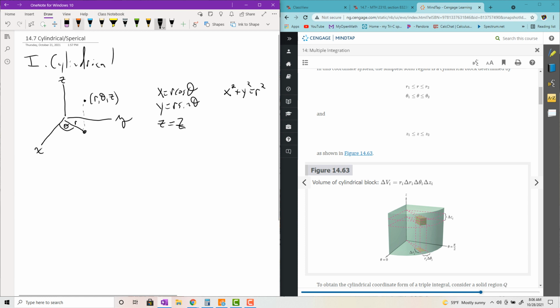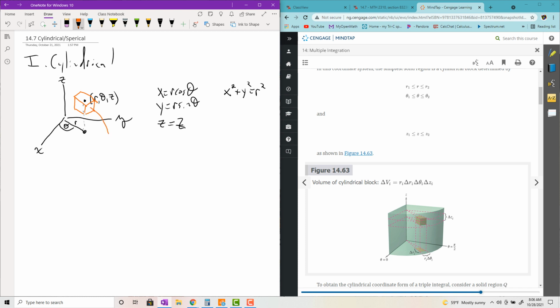When we move to actually figuring out volume, instead of having cubes, you have cylindrical blocks. Okay, so they're not exactly blocks in that they get bigger as you get away from the origin, right?